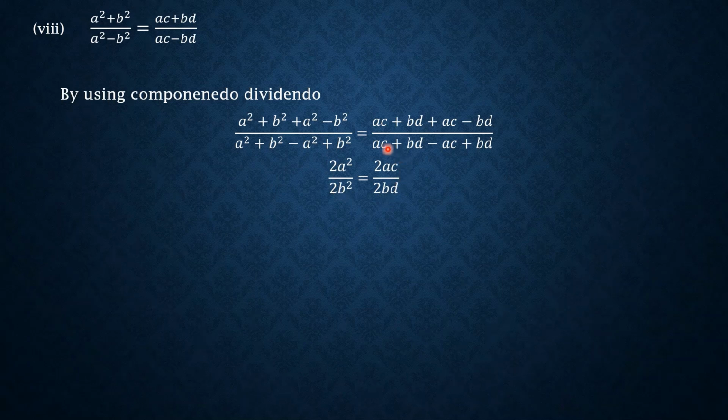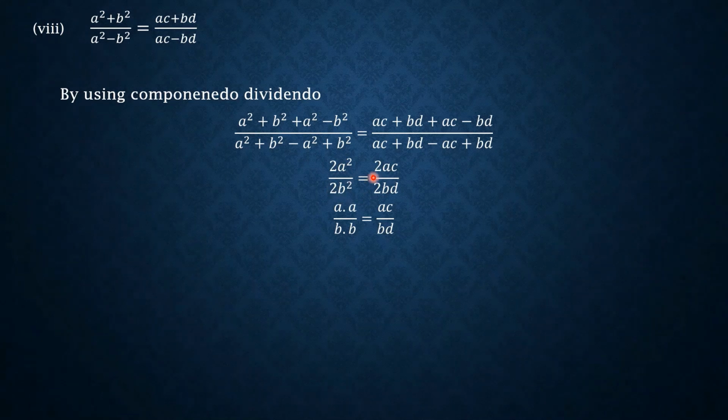This equal to ac plus ac will become 2ac, and plus bd and minus bd will be cancelled by each other. Now in the denominator we have ac minus ac will be cancelled by each other, and we have the resulting as bd plus bd equal to 2bd in the denominator.